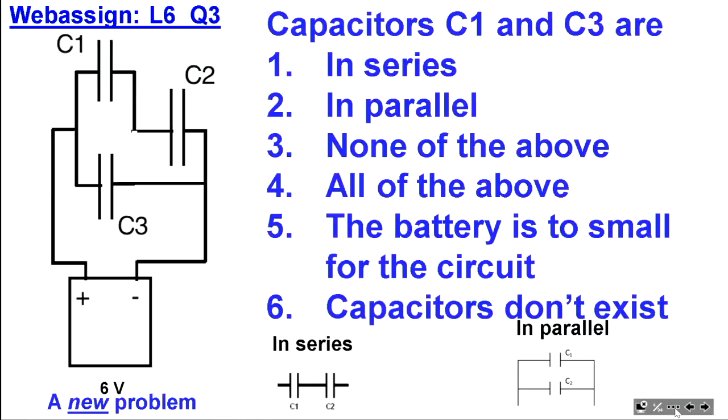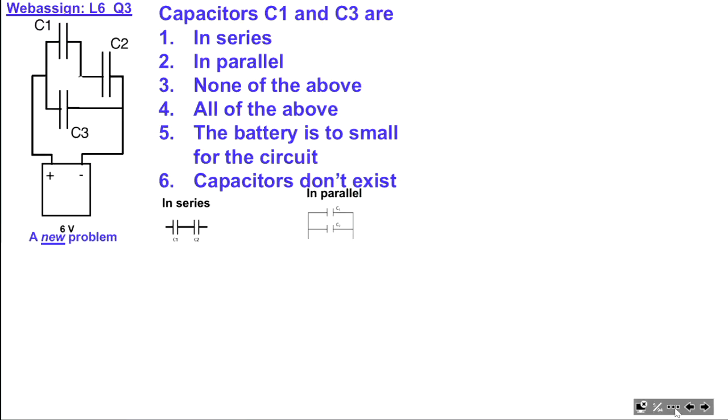Opposite plates are connected. But the question is about capacitors 1 and 3. So if it looks like this, the answer is in series. If it looks like this, the answer is in parallel. If it looks like neither, the answer is neither.